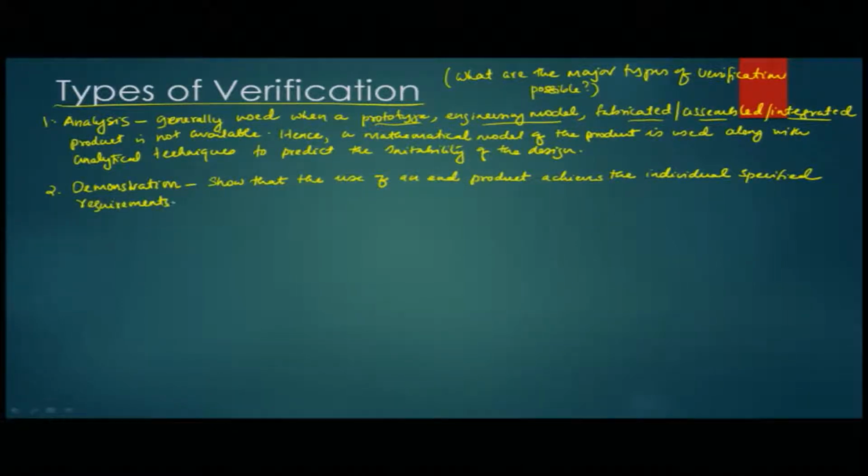So, here what you are doing is, you are showing that by using the end product or by using the system, we achieve the individual specified requirements. Whatever the individual specified requirements, they can be achieved.